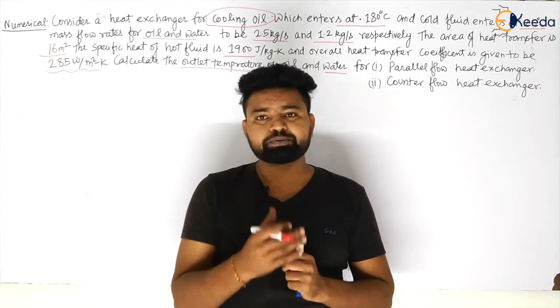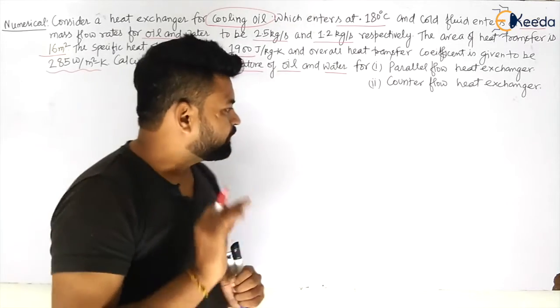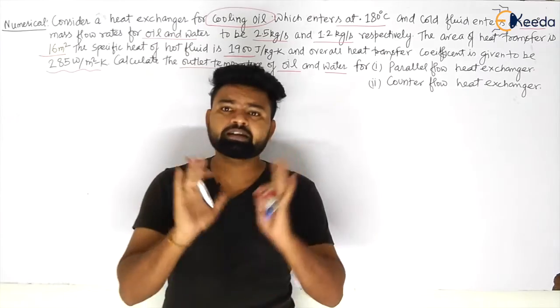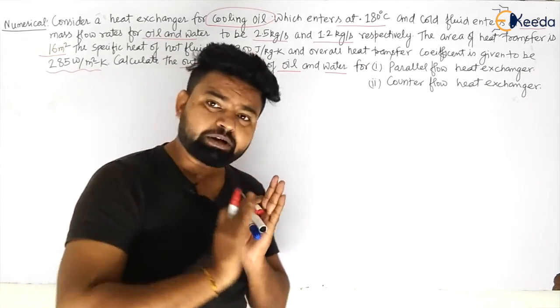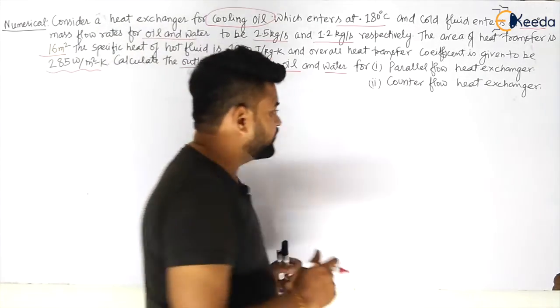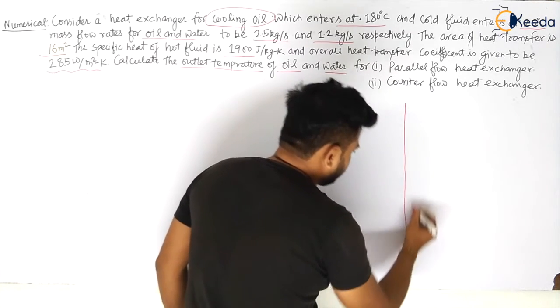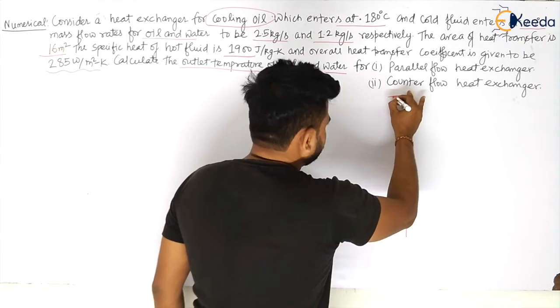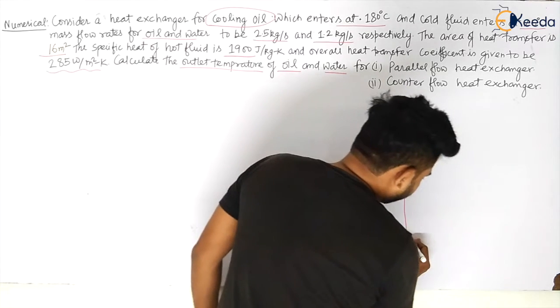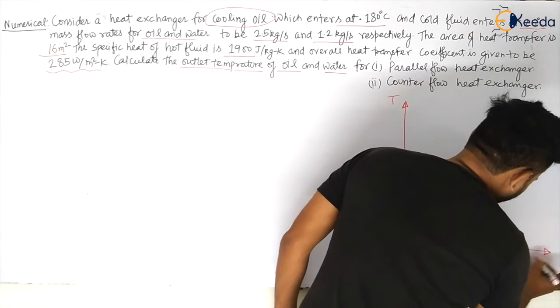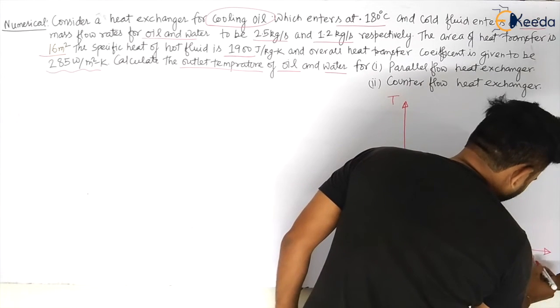So how we should proceed in this question, let us see. First of all, we will make the temperature profile with respect to length of the heat exchanger, as we already know. If this is the temperature on the y-axis, and I am taking the length of the heat exchanger on the x-axis, my dear students.